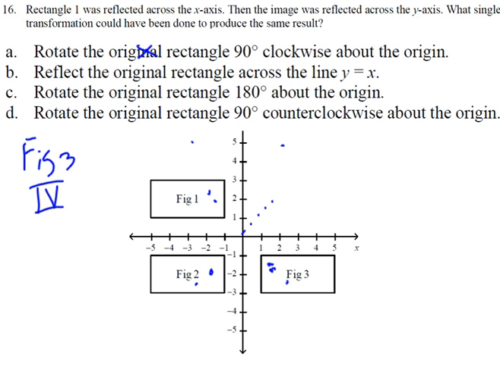Reflect the original across the line y equals x. That will do it. But if you see, you're going 1 over, 2 over, 1 down, 2 down, that would take this point right here on the bottom right, and it changes to that point right here on the top left.